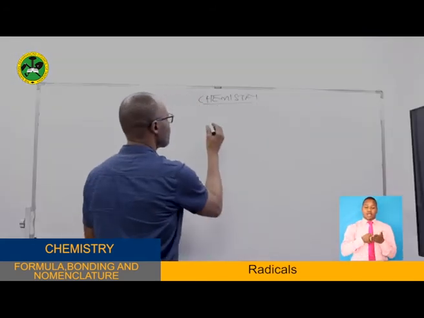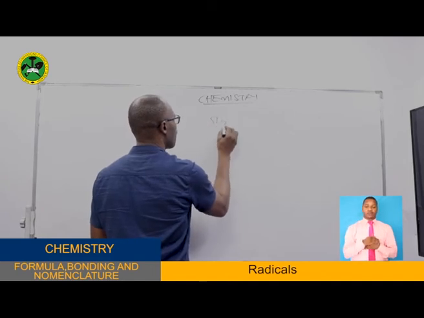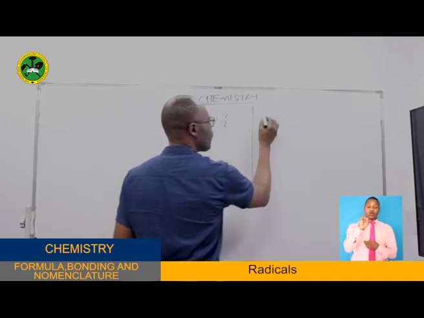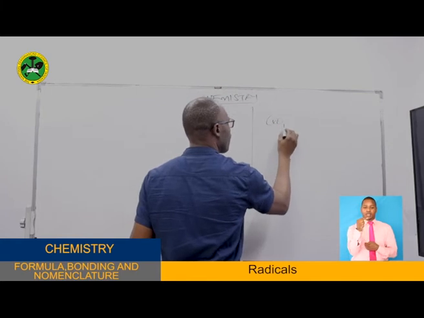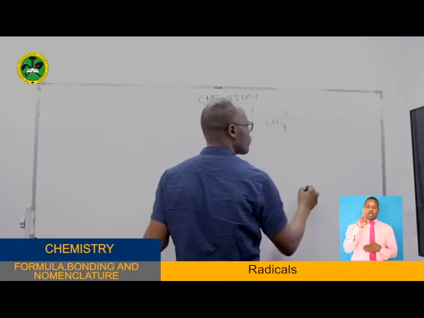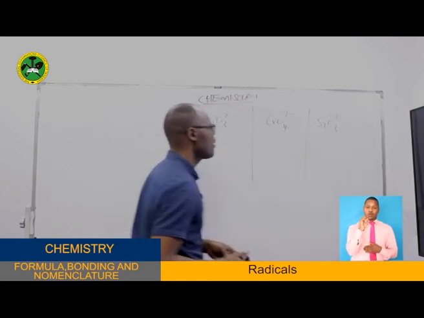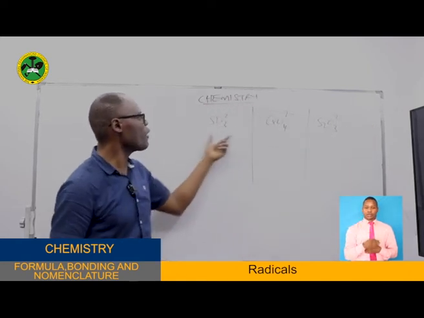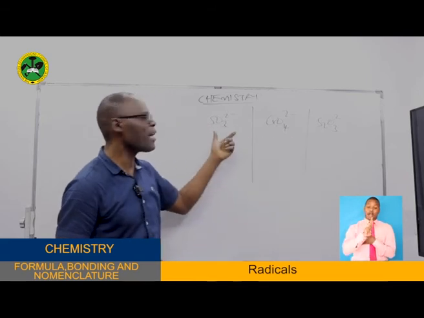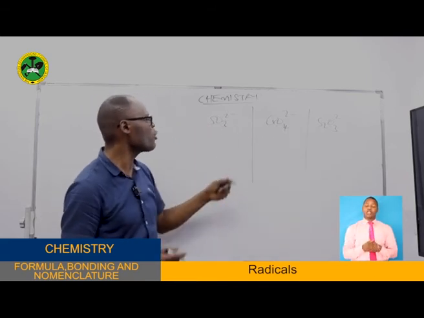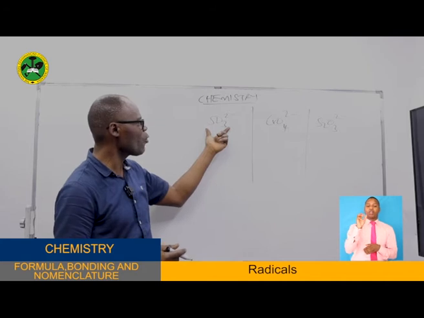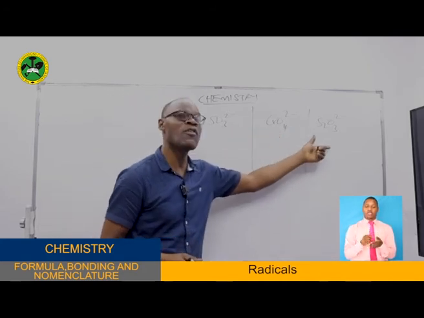So we have the first one, SO3 2-, CrO4 2-, and you also have S2O3 2-. These ones are radicals because, as you can see, they are charged, and it's not a single atom, it's a group of atoms. So we said a group of atoms which are written in this fashion are called radicals.